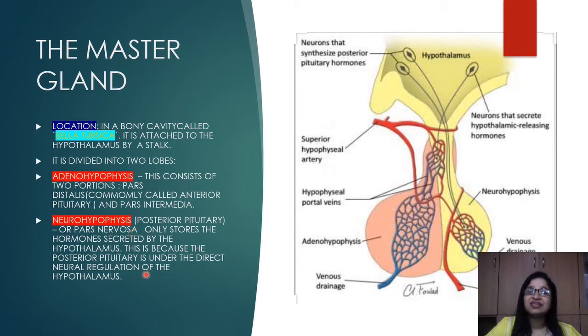They do not secrete their own hormones. The posterior pituitary stores the hormones secreted by the hypothalamus. It is stored there and it releases them on stimulation. This is because the posterior pituitary is under the direct neural regulation of the hypothalamus.